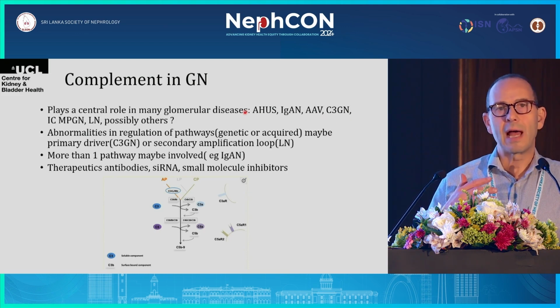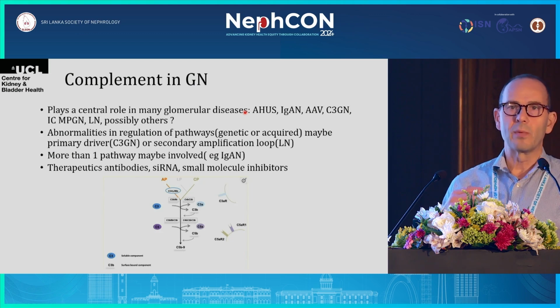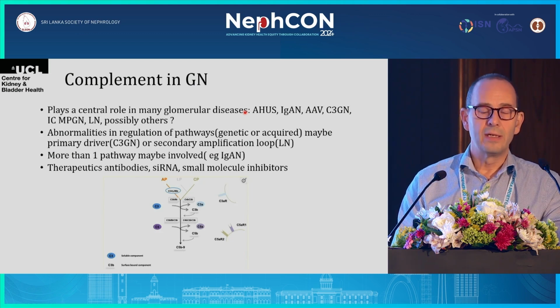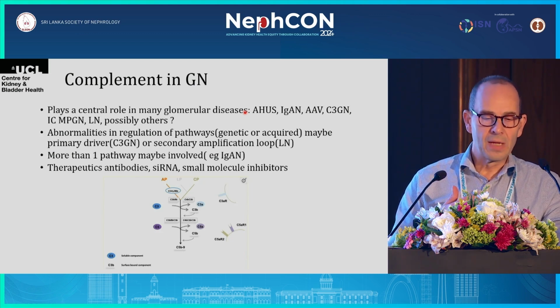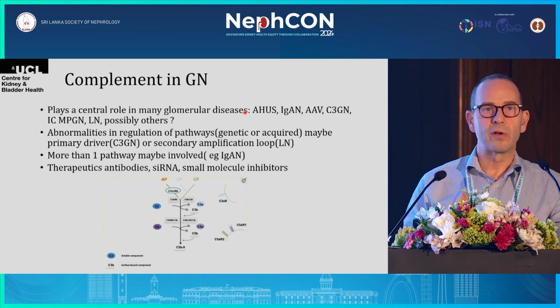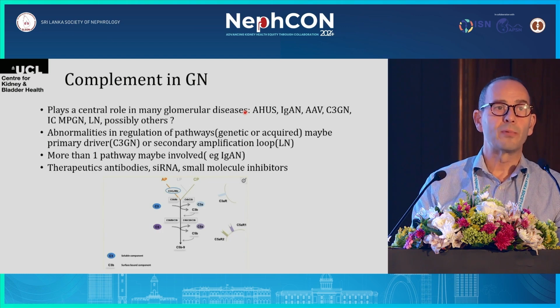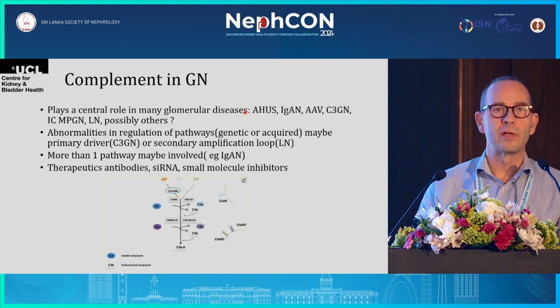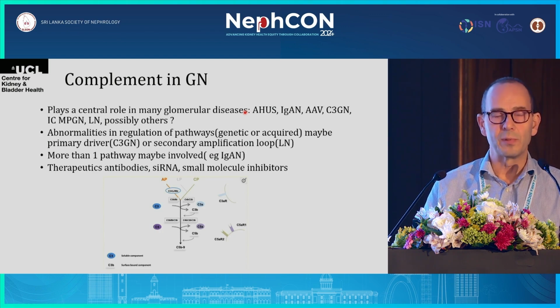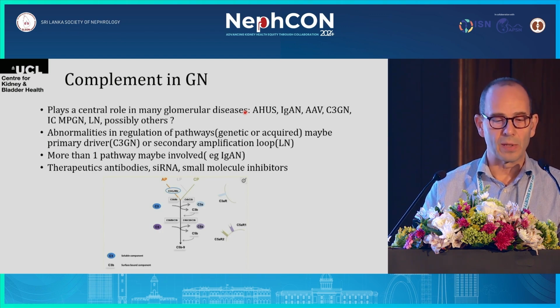We know that there are abnormalities in the complement pathway which are either genetic or acquired. So patients have polymorphisms in some of the complement regulatory proteins or in the complement proteins themselves. And that might be a primary driver, for example, in C3 glomerulonephritis, or it might be part of an amplification loop, for example, in lupus due to the deposition of the immune complexes.